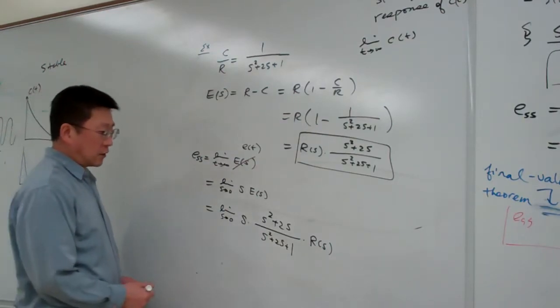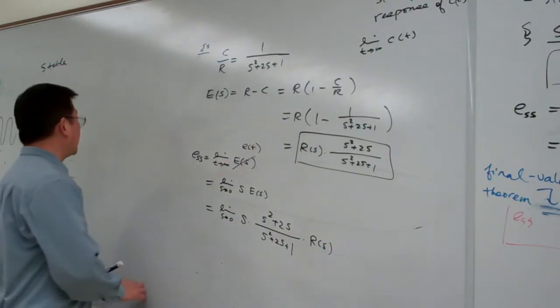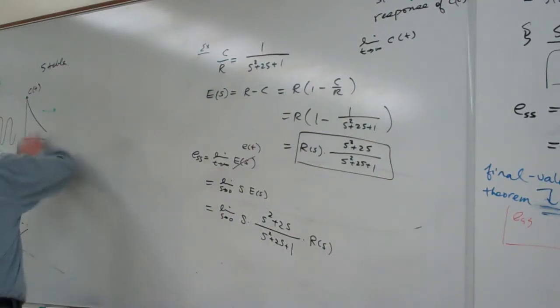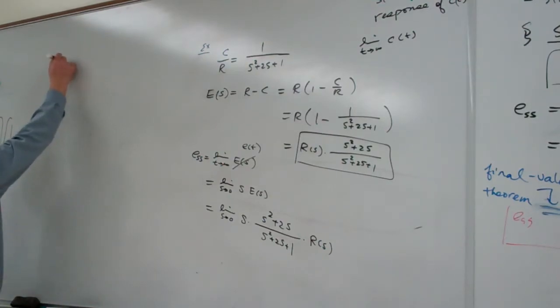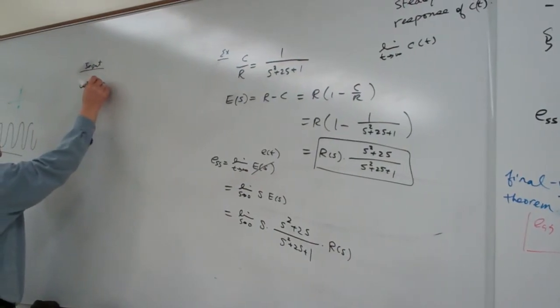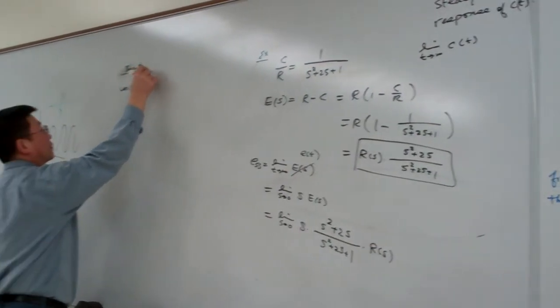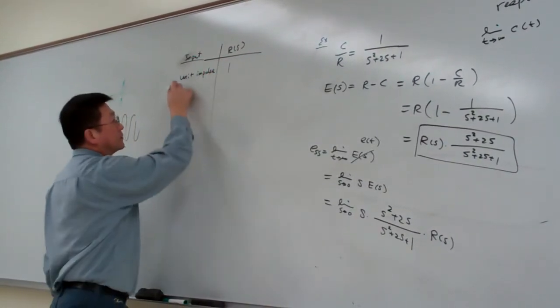Then we can begin to do some calculations. Depending on the input, let me work out a few examples here. Say the input is the unit impulse. Then R of S will be equal to 1, right?